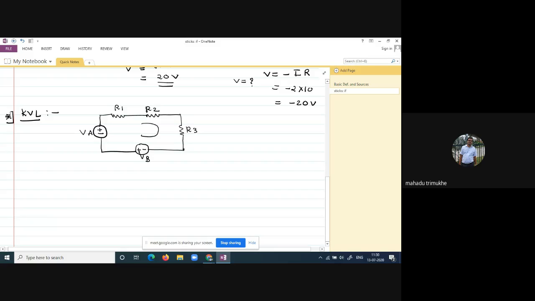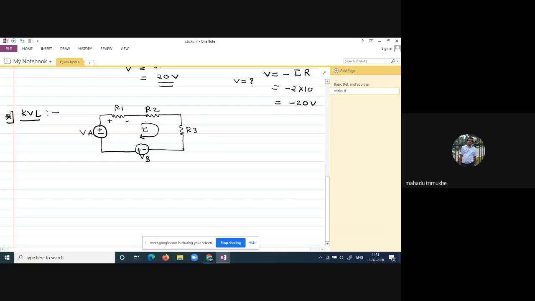This current flowing through the electrical network is I, right? This current I produces a voltage drop across R1, R2, and R3. Suppose we assign the polarity from positive to negative for this circuit.